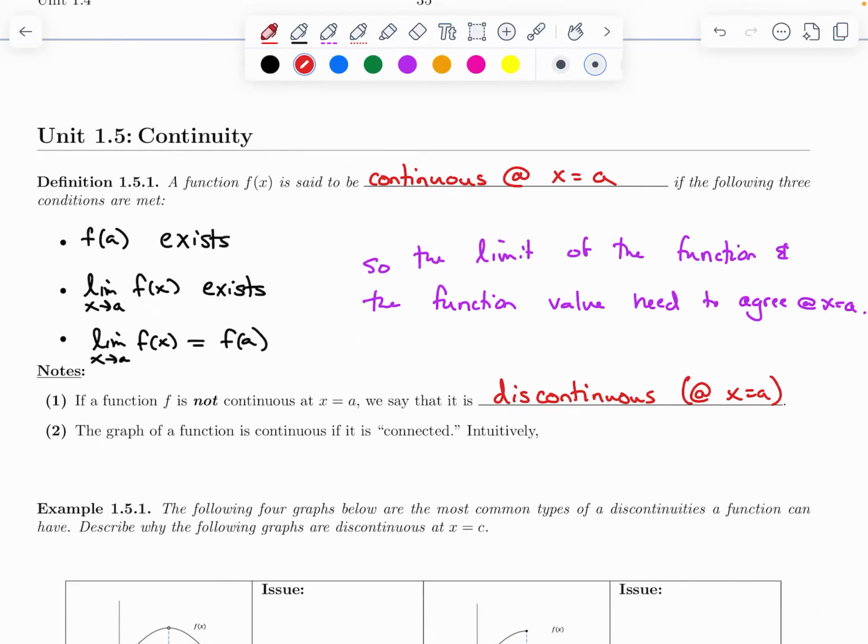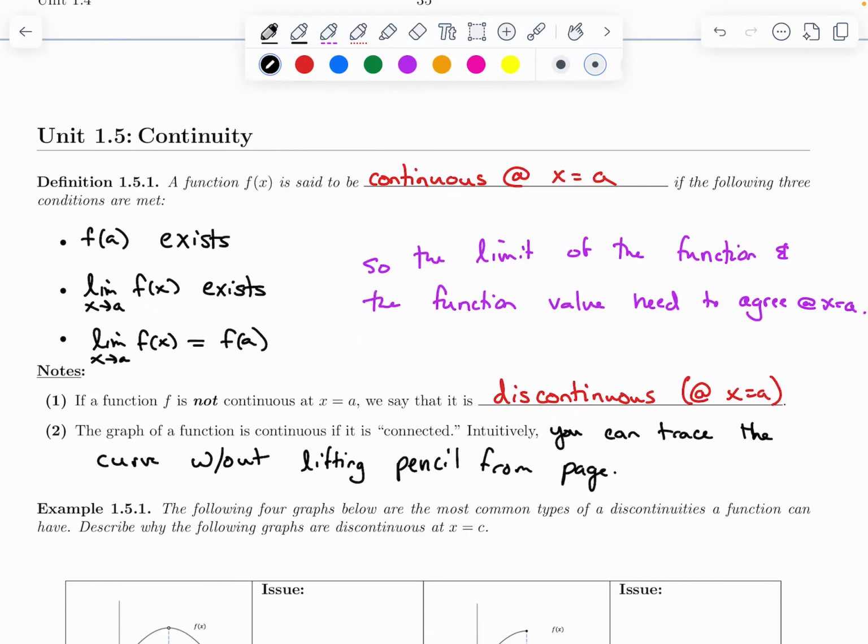What I mean by that is you can trace the curve without, is everyone okay with w/out, meaning without, lifting your pencil from the page? You can trace it without ever lifting your pencil from the page.